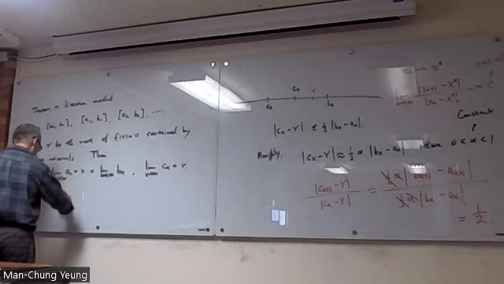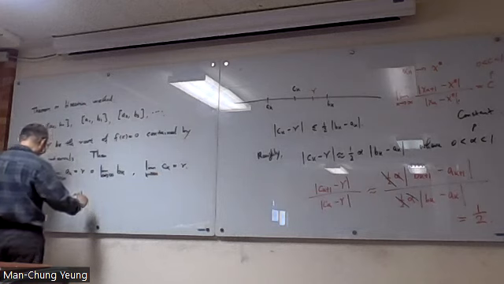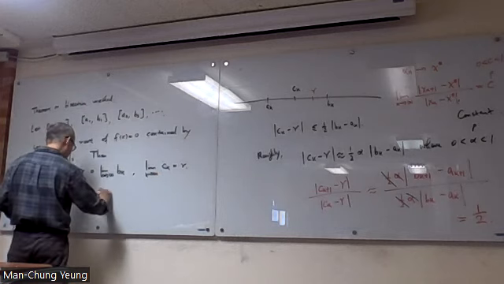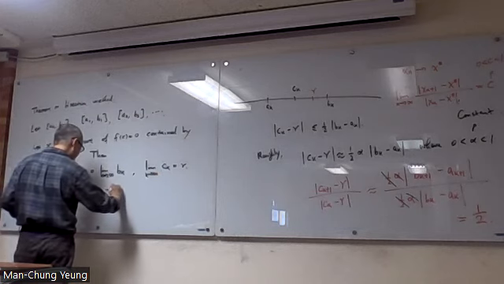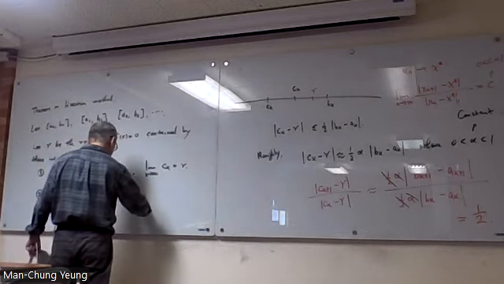R minus CK is less than or equal to 2 to the negative K plus 1, times B0 minus A0.